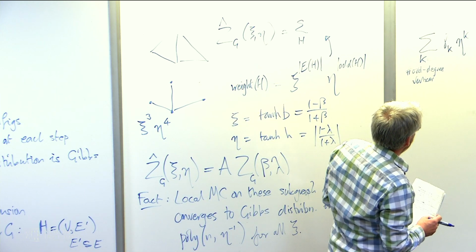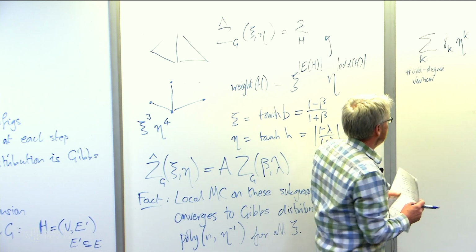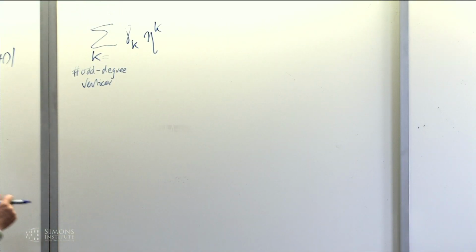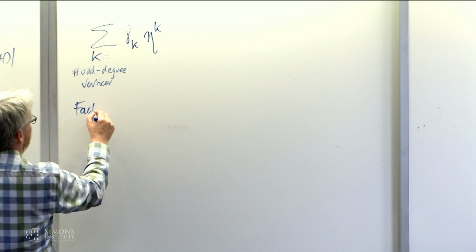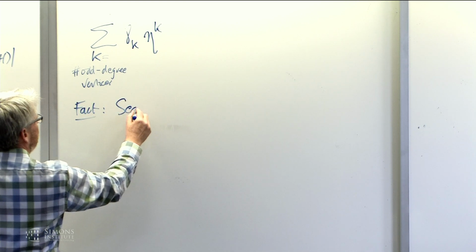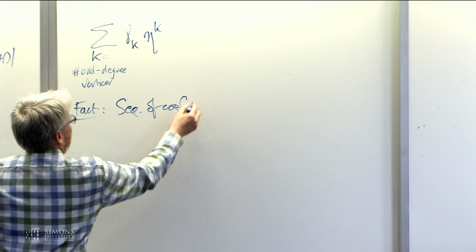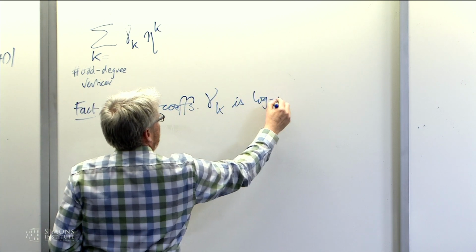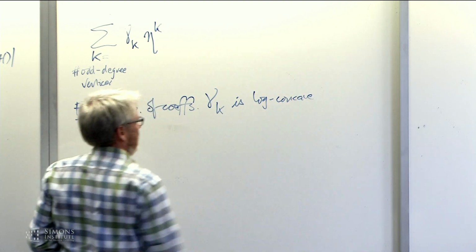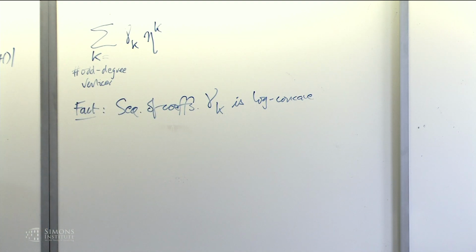Okay. Something that comes out of the analysis of this Markov chain in a way that's a little convoluted, but comes out very naturally, is that the sequence of coefficients gamma k is log concave. And one of the exercises is to do the same for the matching polynomial.